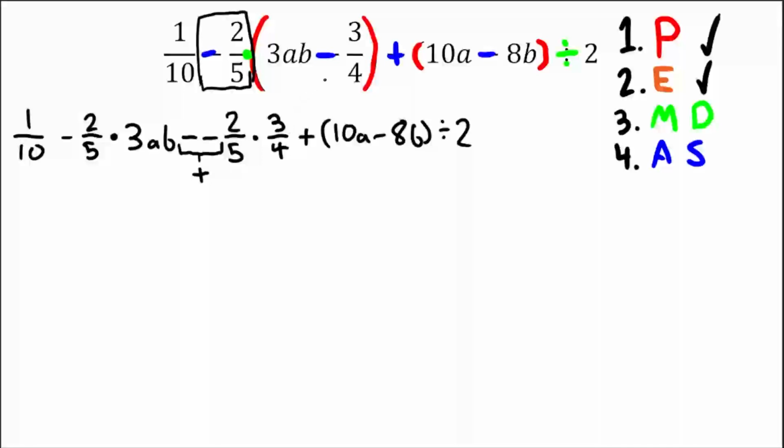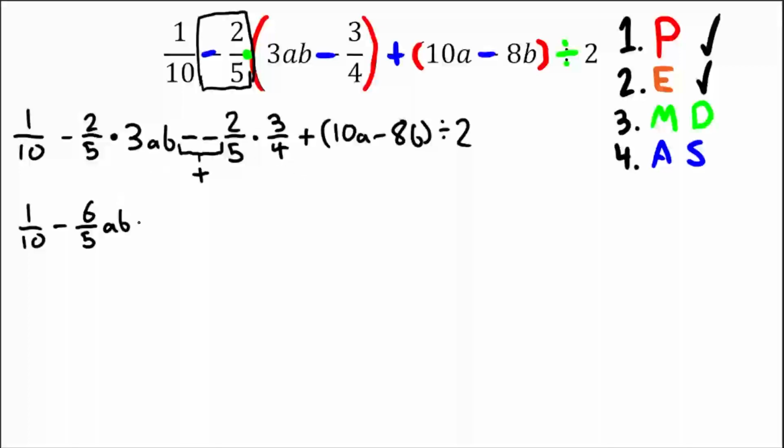So yeah, we're just going to rewrite. So 1/10 minus 2/5 times 3ab gives minus 6/5 ab, and then we have a plus there, so we have plus 2/5 times 3/4.